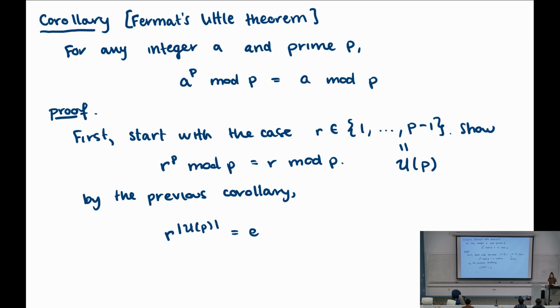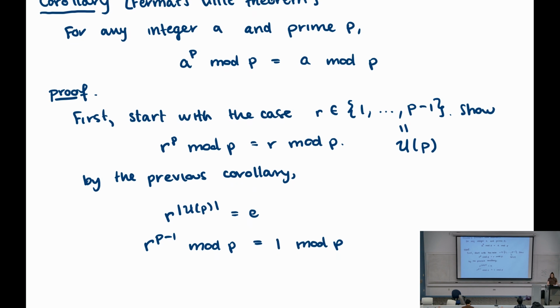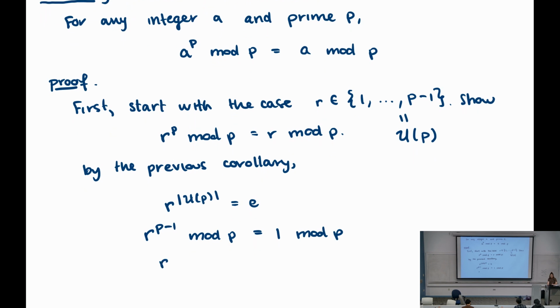So that means that r to the p minus 1 mod p is equal to 1 mod p. Then I'm just going to multiply both sides of this equation by r, and I have r to the p mod p is equal to r mod p, as desired. Okay, so now for the general case.